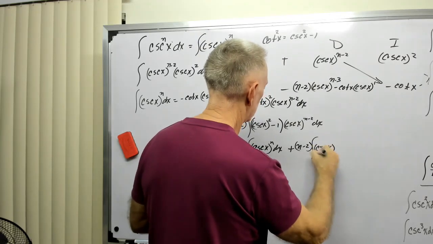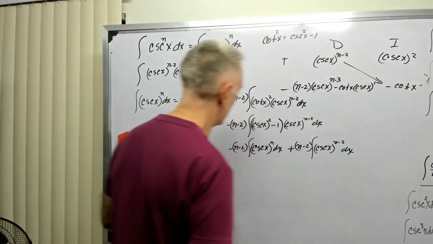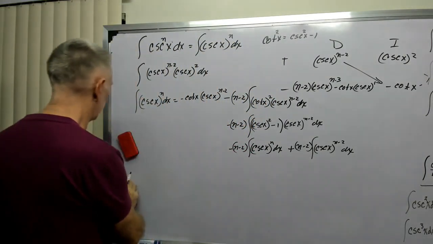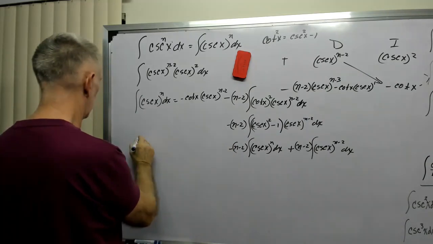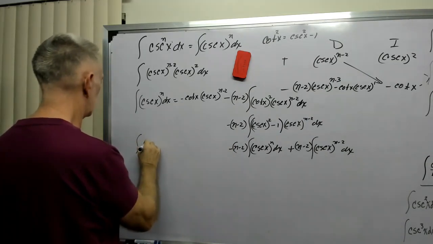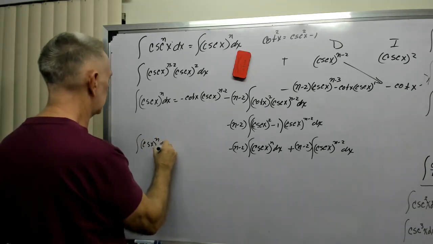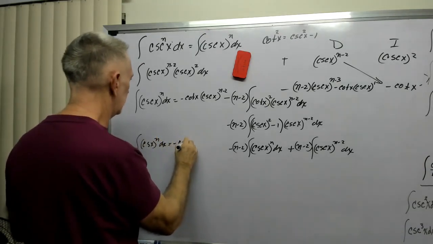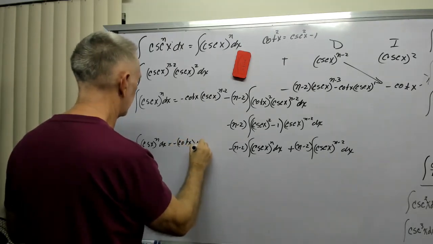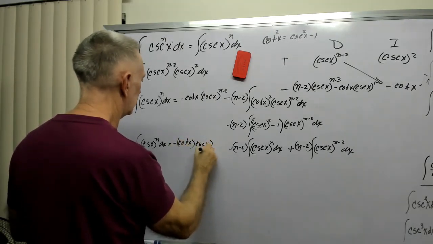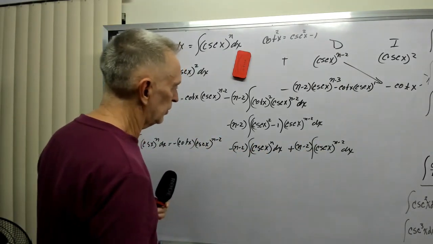Cosecant x to the n minus 2 dx. Alright, so let's catch everything else back up here. I have the integral of cosecant x to the n dx equals minus cotangent x cosecant x to the n minus 2 minus all this other we just did.